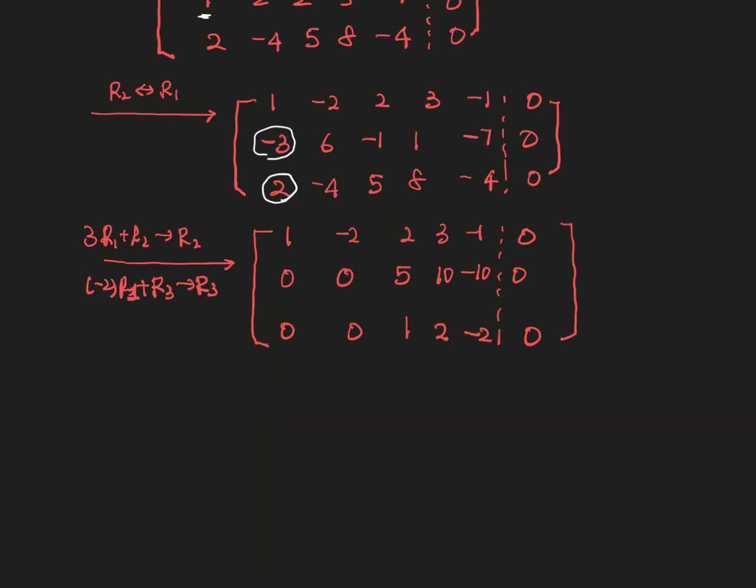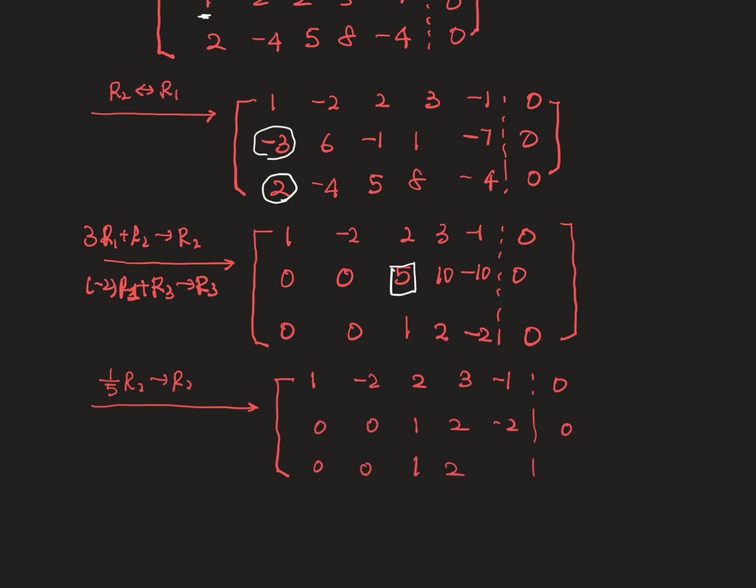So the next pivot is right here, guys. This should be 1, so you have to take another operation. Divide by 5: 1 over 5 R2 goes to R2. So you're going to see 1, negative 2, 2, 3, negative 1, 0, second row 0, 0, 1, 2, negative 2, 0, third row 0, 0, 1, 2, negative 2, 0.